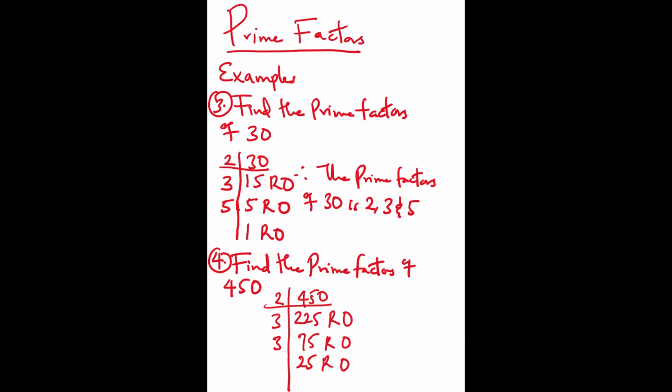Remainder 0. 25. 3 cannot divide 25 anymore, so we have to go up. 4 cannot go, so we have to use 5. 25 divided by 5 is 5. Remainder 0. And 5 divided by 5 is 1. Remainder 0. Okay. So therefore we can say that the prime factors of 450 is 2, 3, and 5.